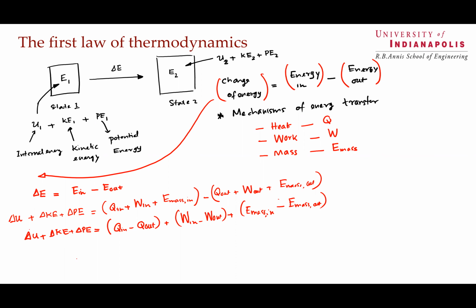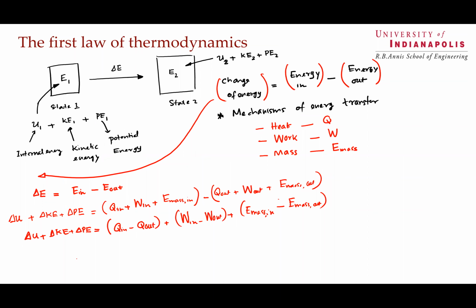Now internal energy is all the energies such as kinetic and potential energies of the molecular level and other molecular level energies, all lumped into internal energy. Kinetic energy is the energy possessed by the system due to the motion, and potential energy is the energy of the system due to its position.